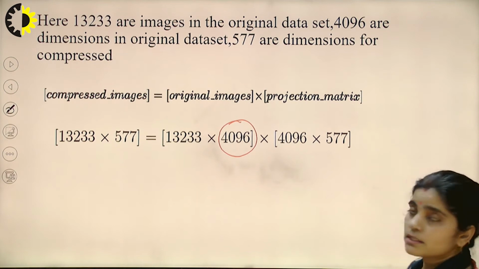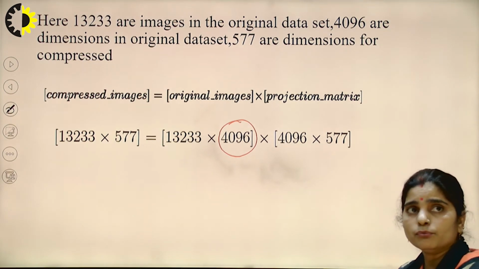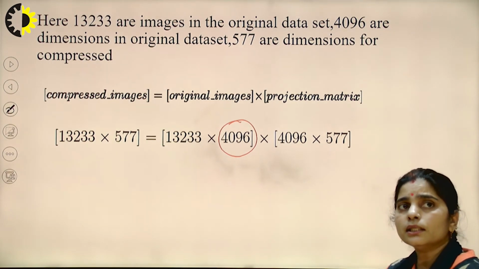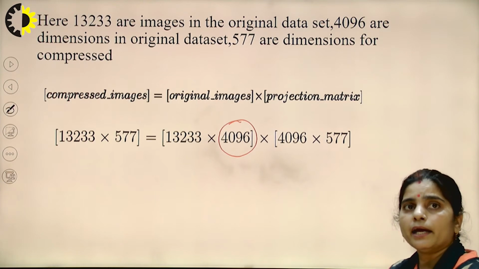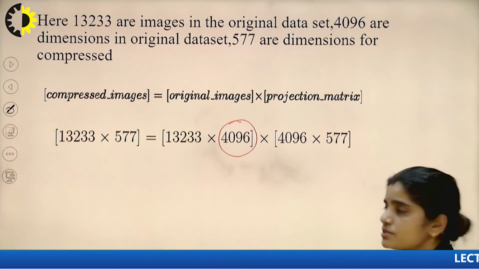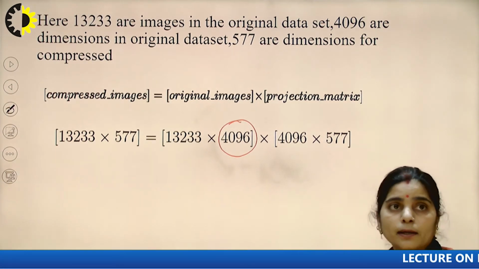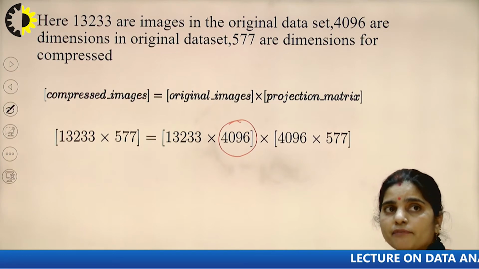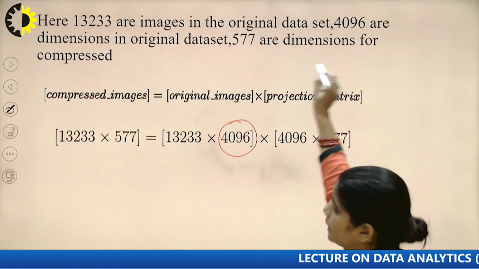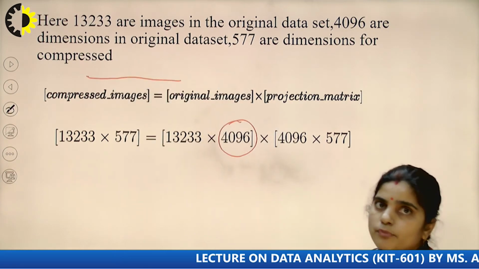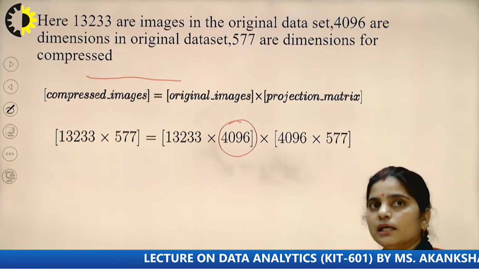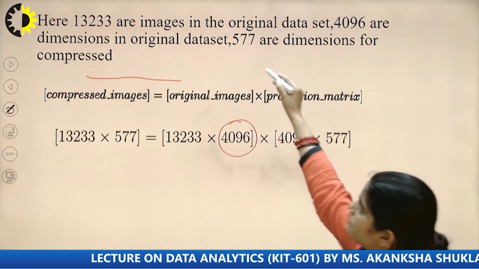In the example, 13,233 images are in the original data set, and 4096 are the dimensions of the original data set. Now, 577 are the dimensions of the compressed data set, the data set compressed from 4096 dimensions contains only 577 dimensions.